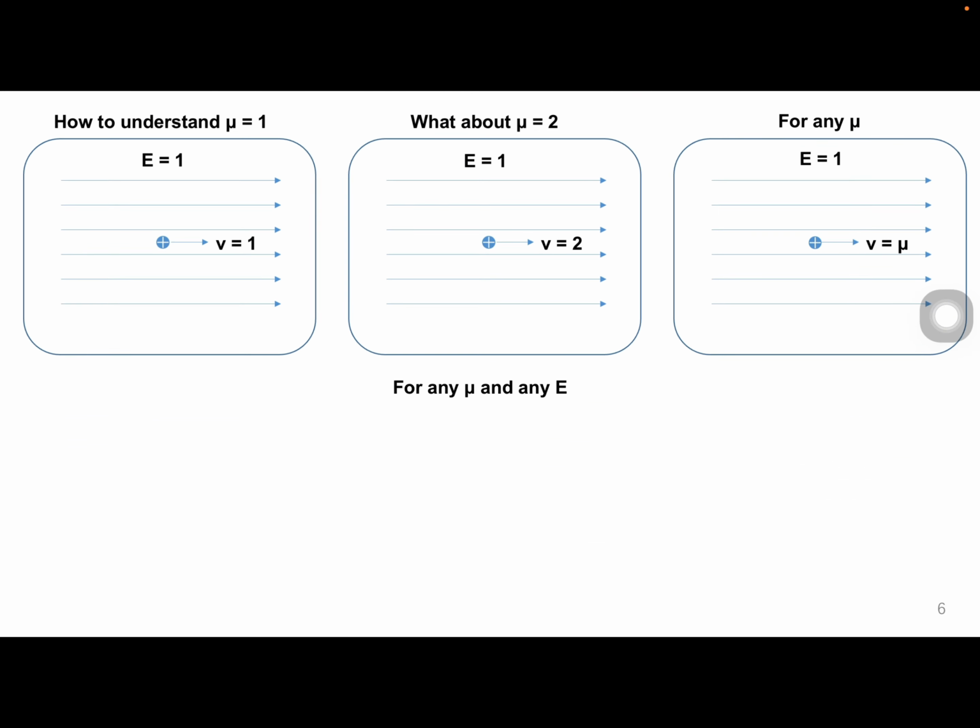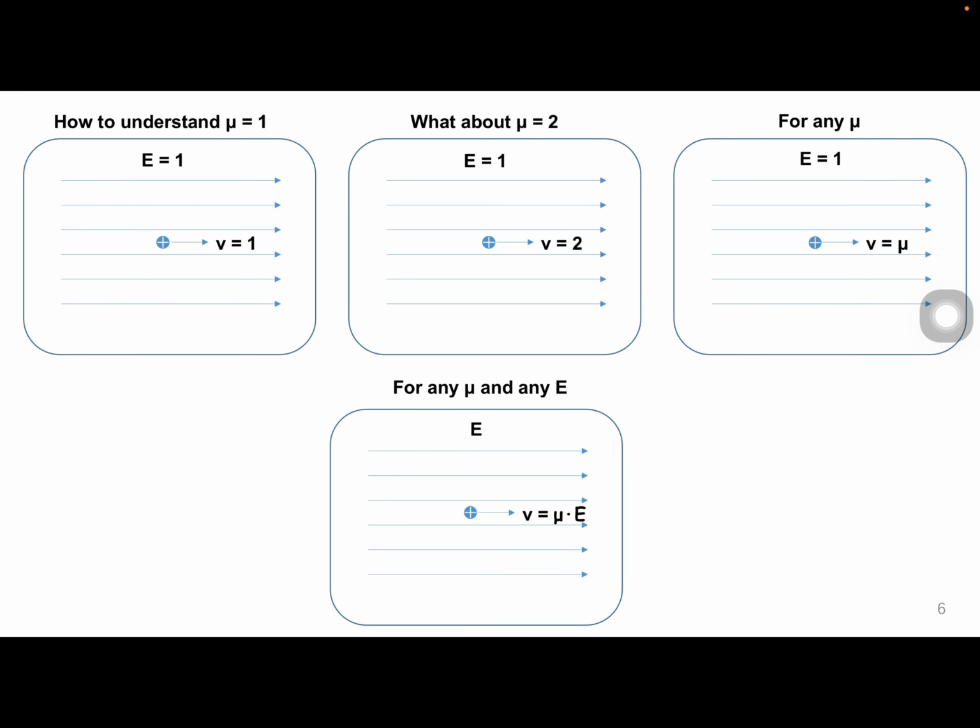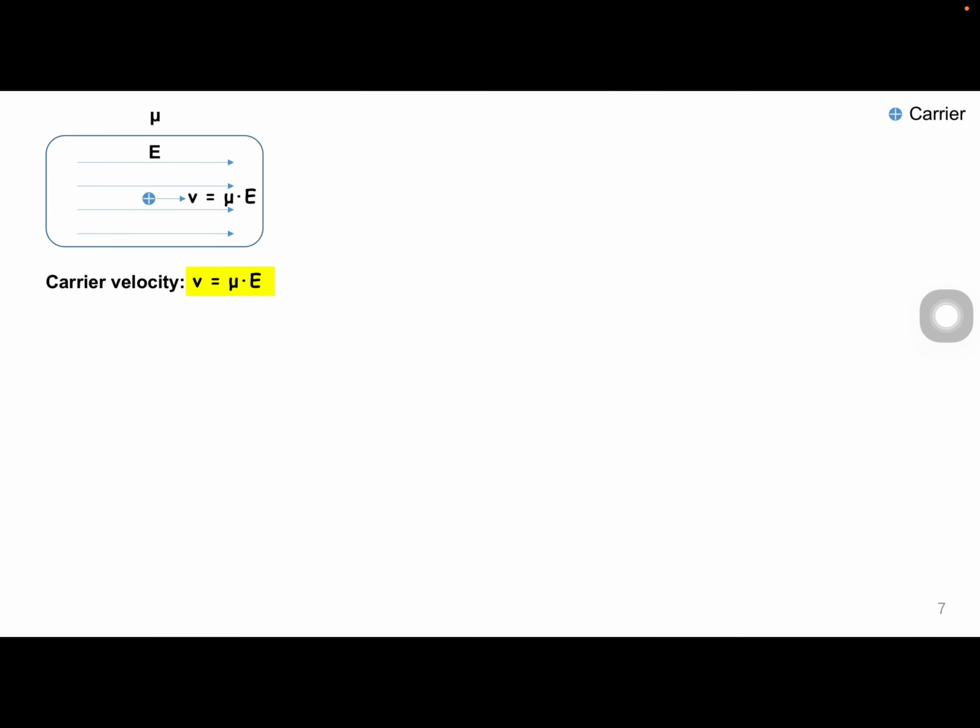Generally, if you put a carrier in a field strength which doesn't equal 1, the carrier velocity will equal mu times the field strength. Okay, keep this formula in mind.